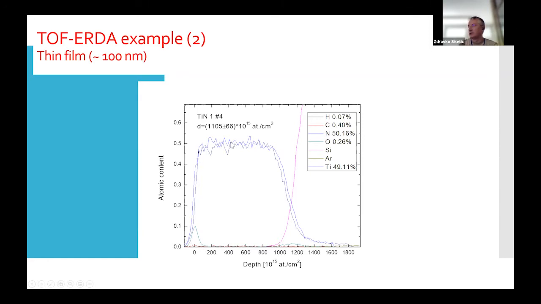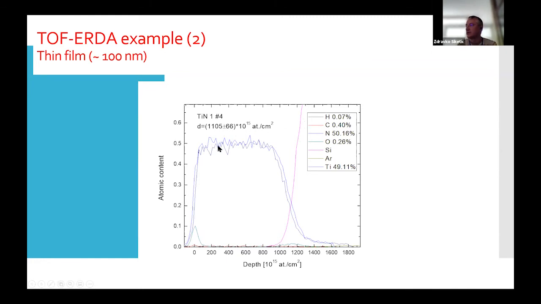The blue one is the titanium profile, the light blue one is the nitrogen profile, and this purple is the silicon. You can also see that there are some oxygen and hydrogen in the interface between these films. So there was some contamination of the silicon surface during the deposition.